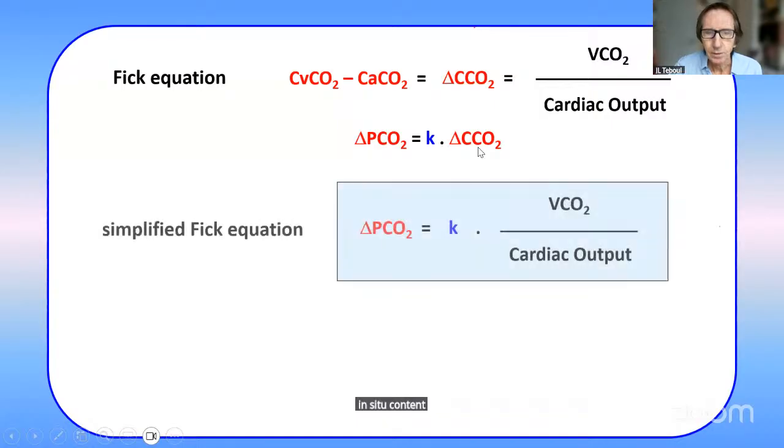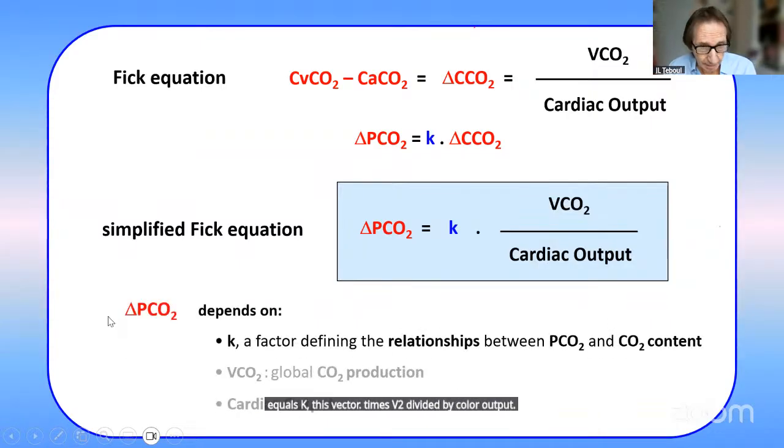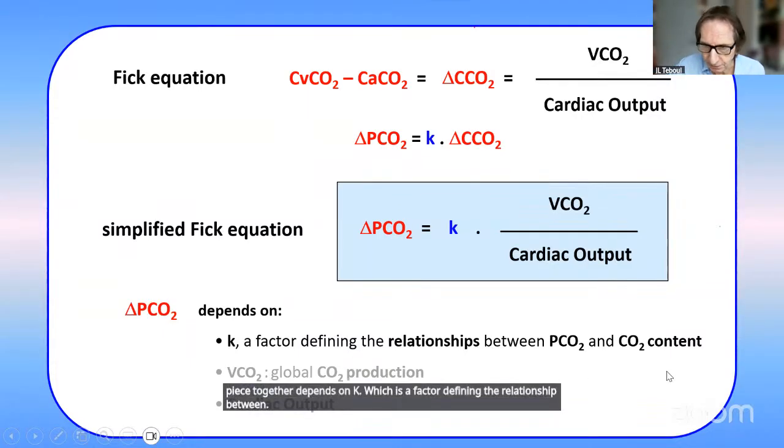So if we simplify this equation, we have a simplified Fick equation applied to CO2: PCO2 gap equals K, this factor, times the VCO2 divided by cardiac output. PCO2 gap depends on K, which is a factor defining the relationship between PCO2 and CO2 content.